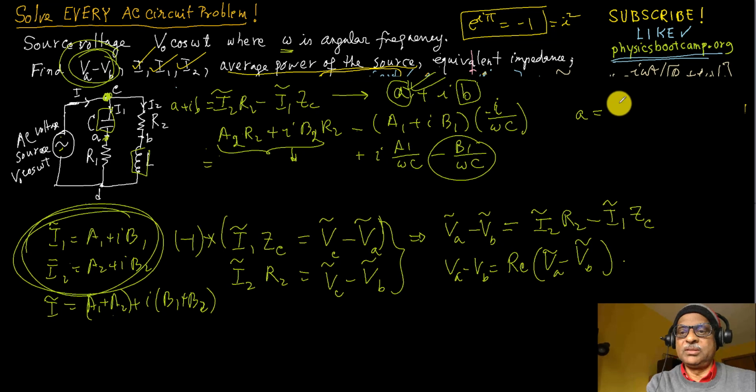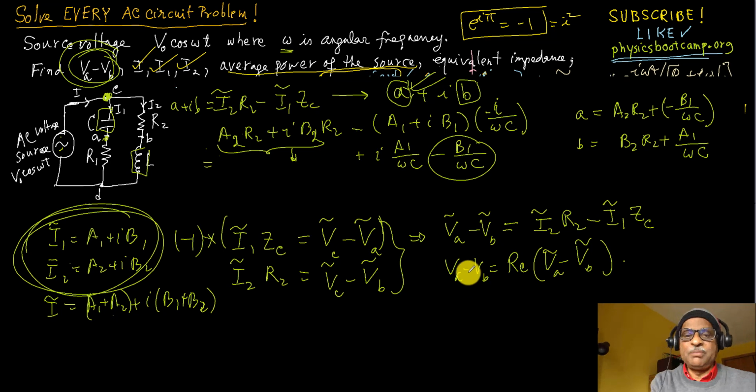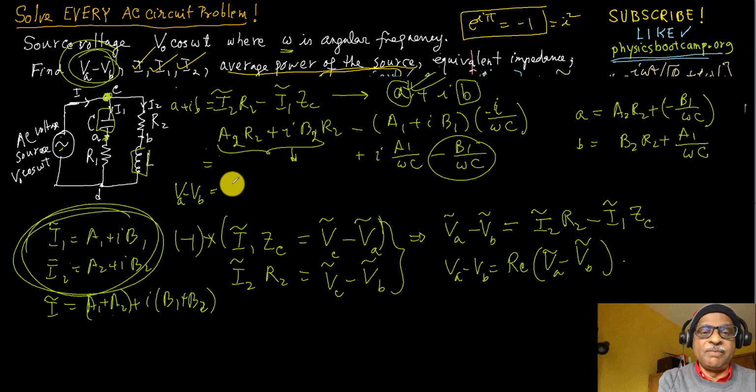So this is A2 R2 plus actually minus B1 over omega C, and B is B2 R2 plus A1 over omega C. So the answer for VA minus VB is just this stuff, A2 R2 minus B1 over omega C.